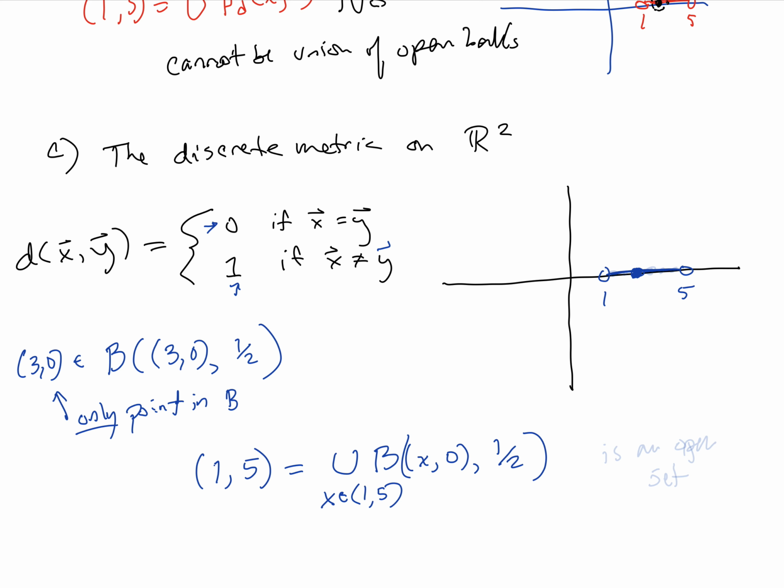That would be an uncountably infinite union, whose elements are the points of this union of open balls, and that is exactly this open line segment. So this is a union of open balls in this discrete metric, and therefore it is an open set in the discrete metric on R squared.